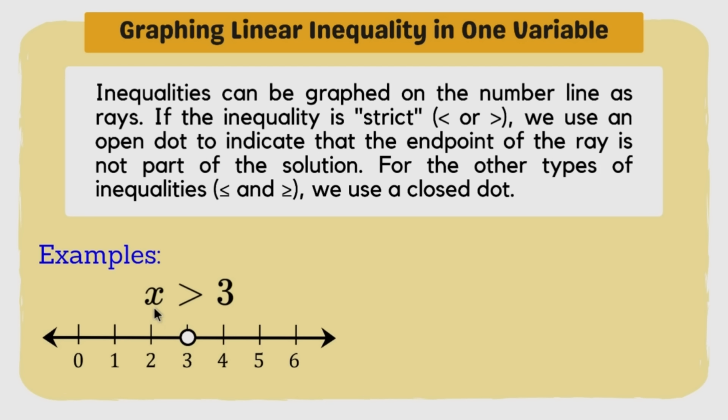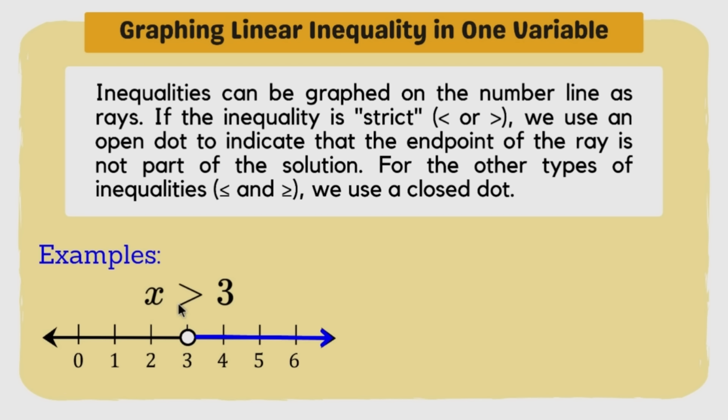And then, since x is greater than 3, saan po tayo maglalagay ng ray? We can put the ray on the right side of the dot. Ibig sabihin, yung values ng x, nandito po siya sa right side ni 3. Kasama po ba si 3 doon? Hindi po, kasi nga po, greater than lang po yung ating symbol.